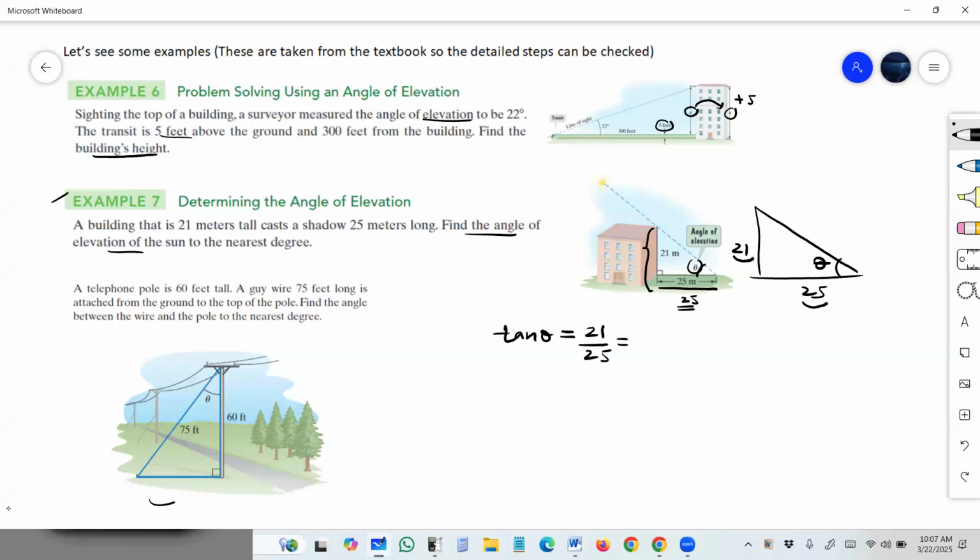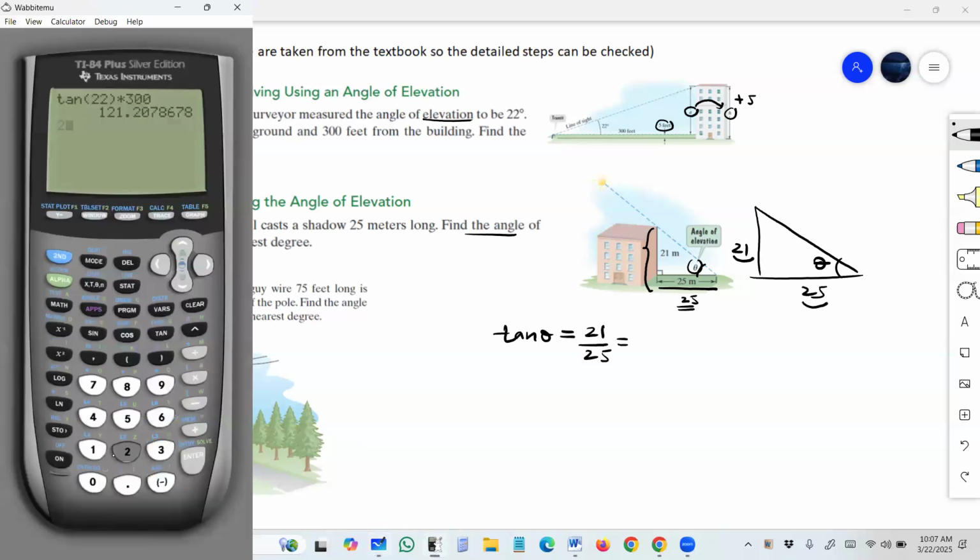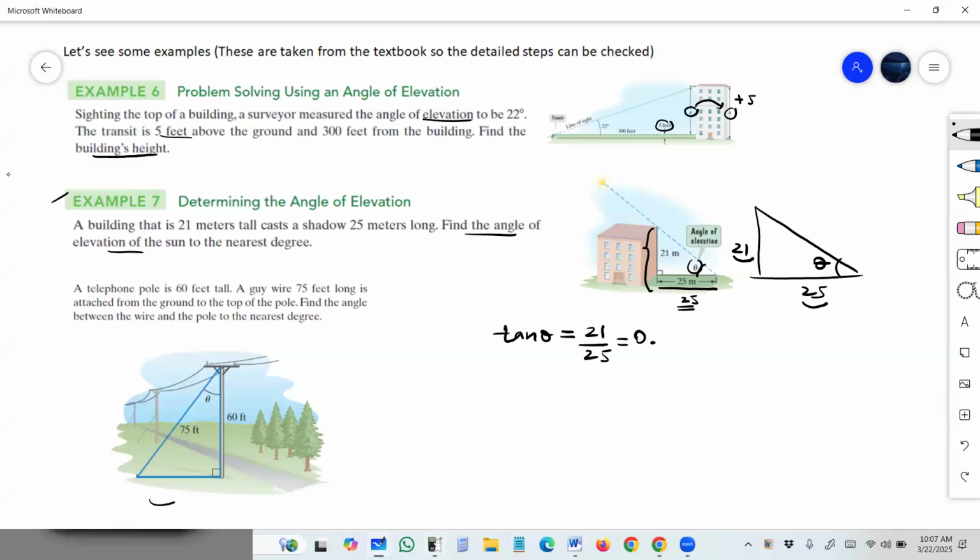So let's first divide 21 by 25. And we get 0.84. So now I have tangent theta equals 0.84. Now, how do I solve this? In order to find this angle that produces this value, we have to use the inverse function.